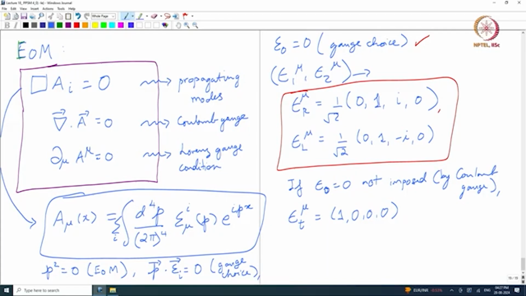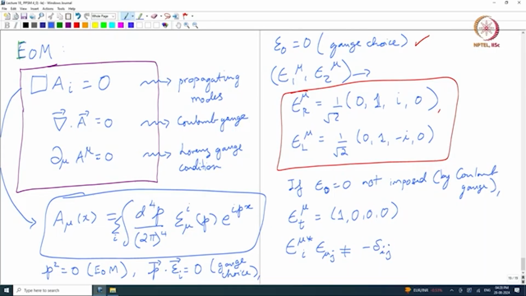Nevertheless, notice that there is already some problems with this, right. In the first place I cannot normalize this using the usual condition, right. This is what I wanted, but I do not get this, correct.